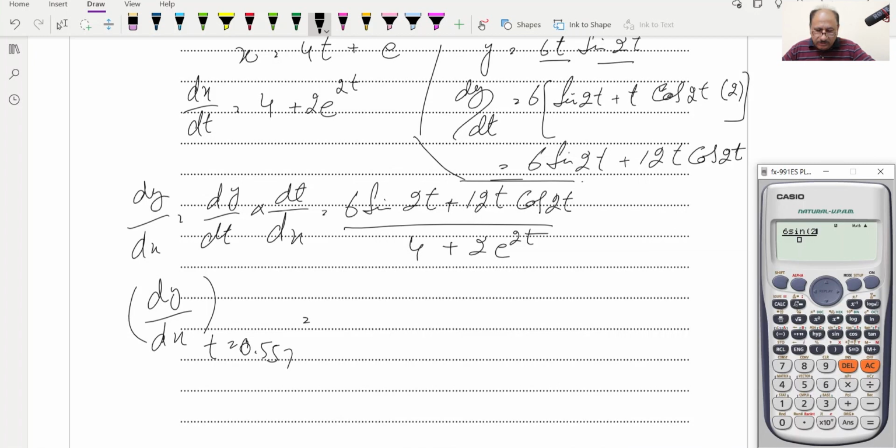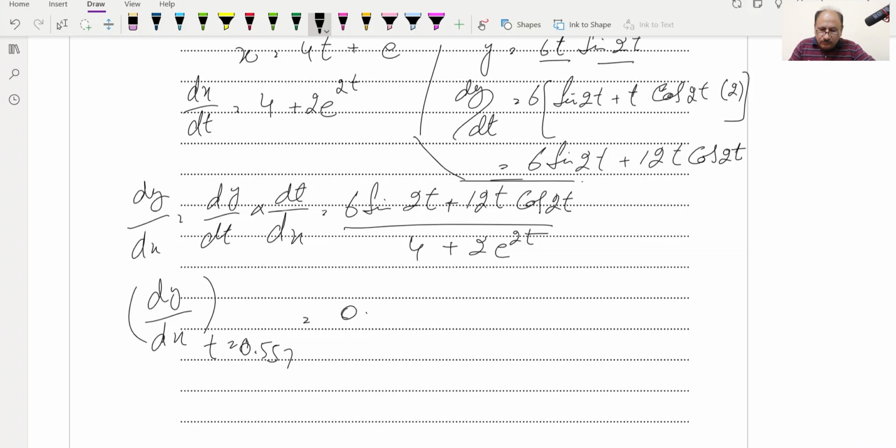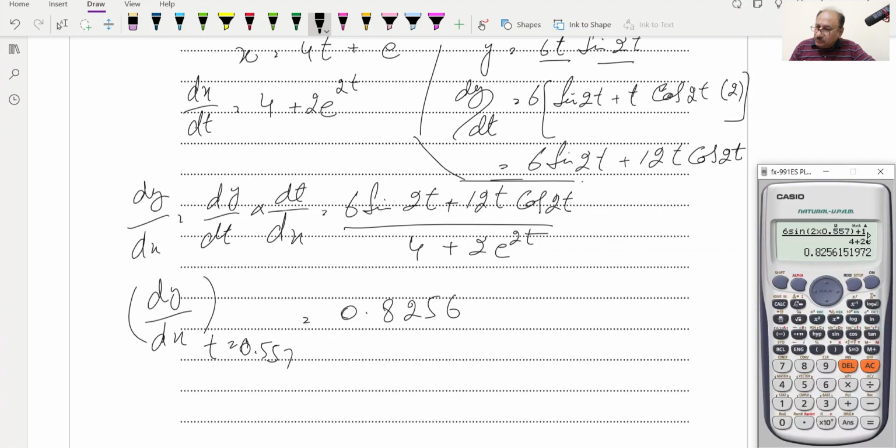So the t value will be 0.557, and this will be 2t, so a multiplication sign is also required, 2 into 0.557 and bracket close, and plus 12 into the t value 0.557, replacing in brackets, so cos of 2 into 0.557 and bracket close, and over this will be 4 plus 2e raised to the power 2 into 0.557, and this will result in 0.8256, up to 4 significant figures we have taken.